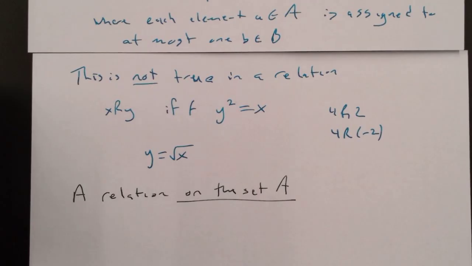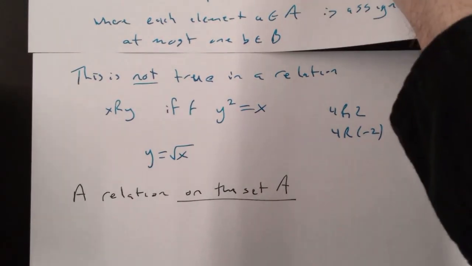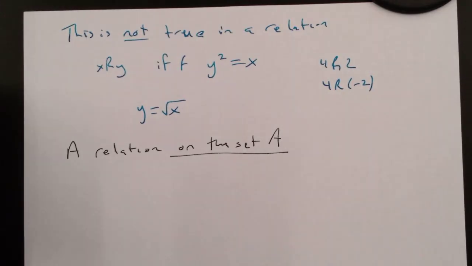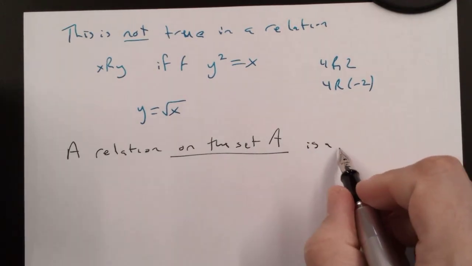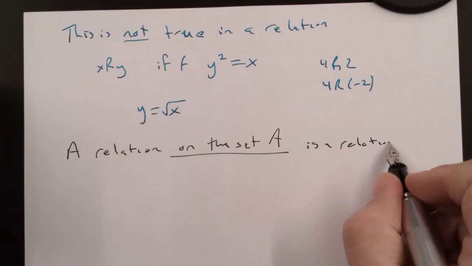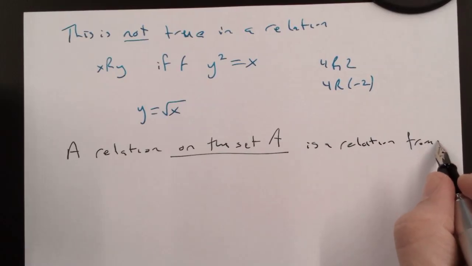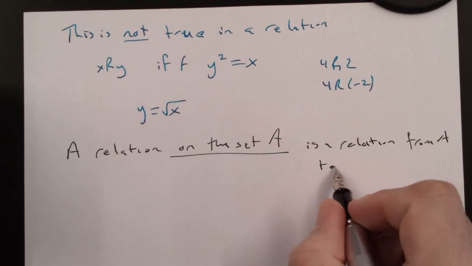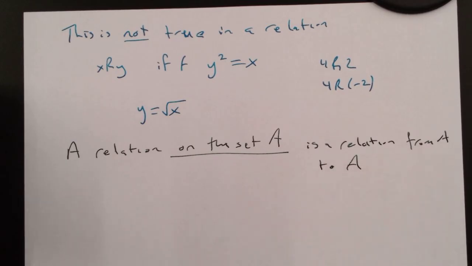We talked about a relation from A to B. If I talk about a relation on a set, then I'm going from the set to itself. Almost all of the relations I like studying in math tend to be of this style.